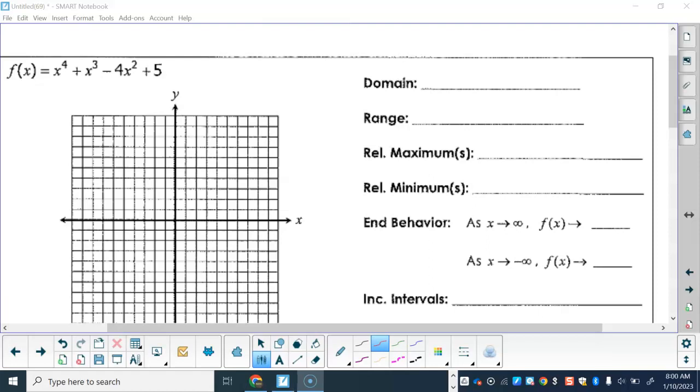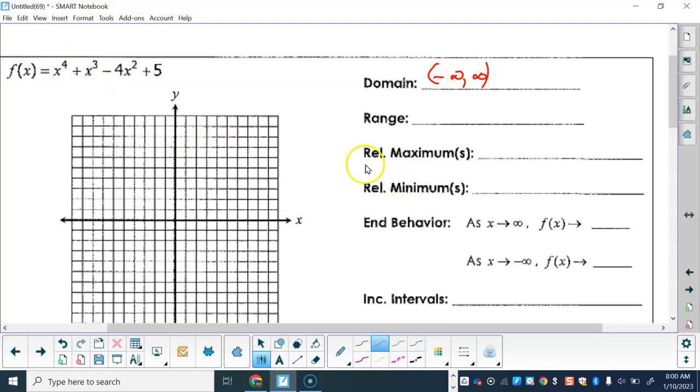As I said, the domain is negative infinity to infinity on all of these. Now the range: this is an even function, so the bottom of this graph is not going to be negative infinity. You actually have to find that point.